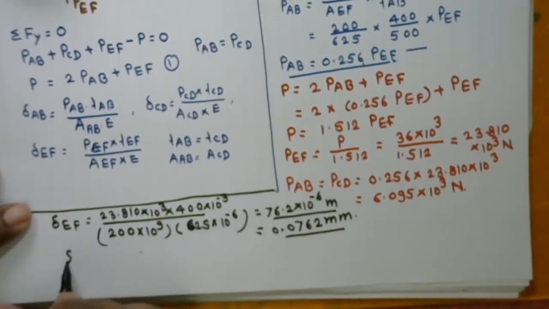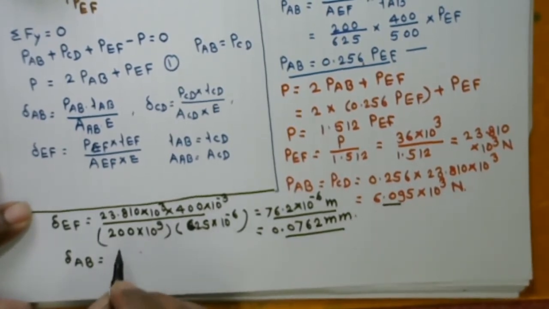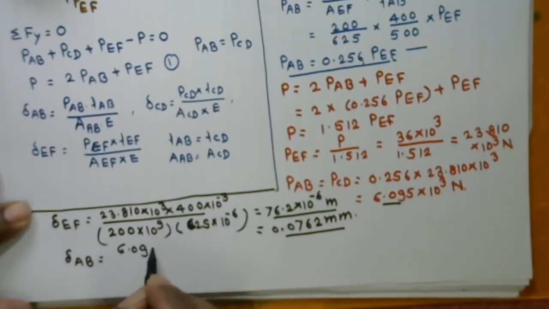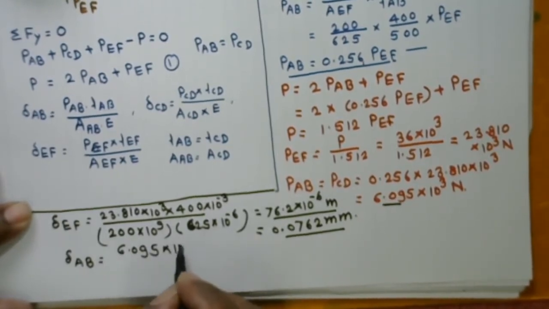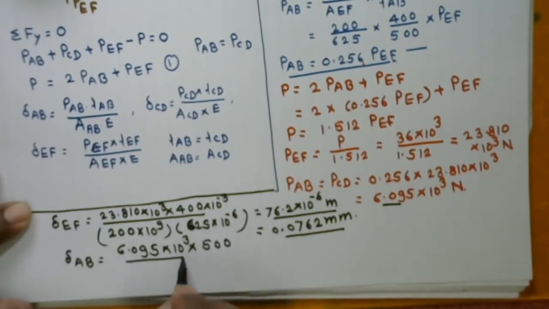Similarly, you have to calculate delta AB. So here load PAB is 6.095 into 10 raised to 3. Length is given 500. E is known, 200 into 10 raised to 3.